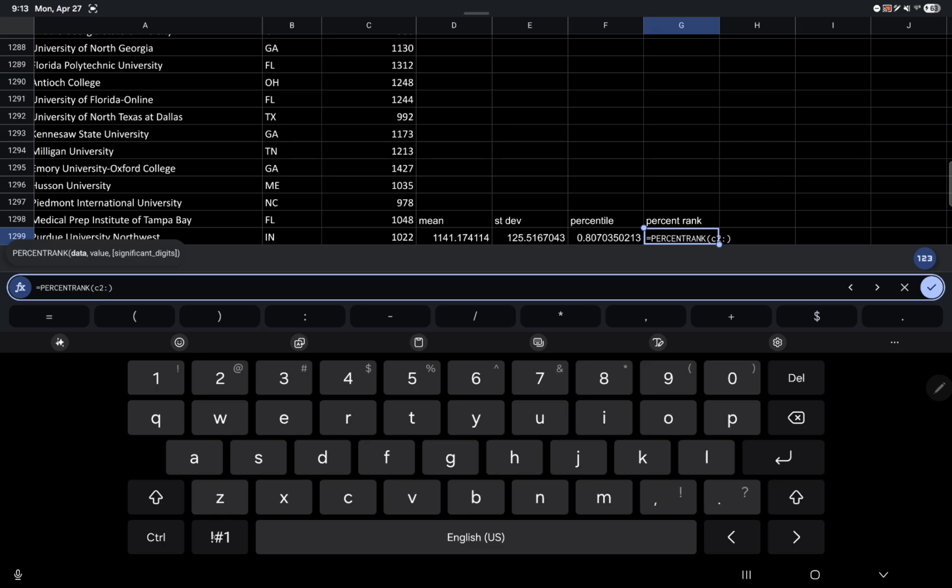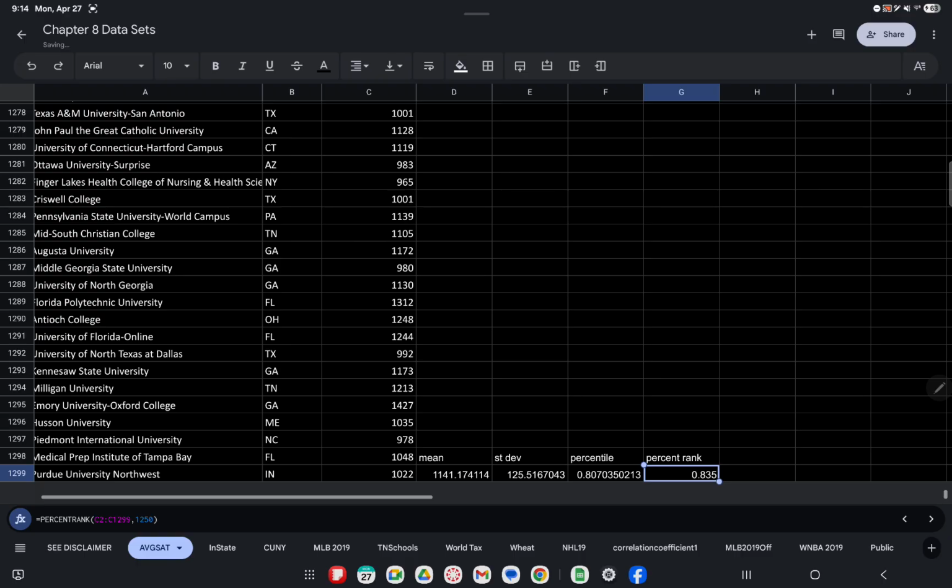All the way to C1299. And the value we were looking at was what, 1250? So we get pretty close, right? So that looks like to be 84. So 81 versus 84, pretty close with those estimates.